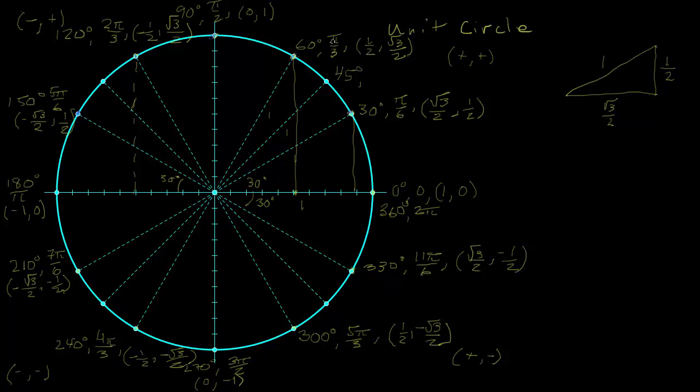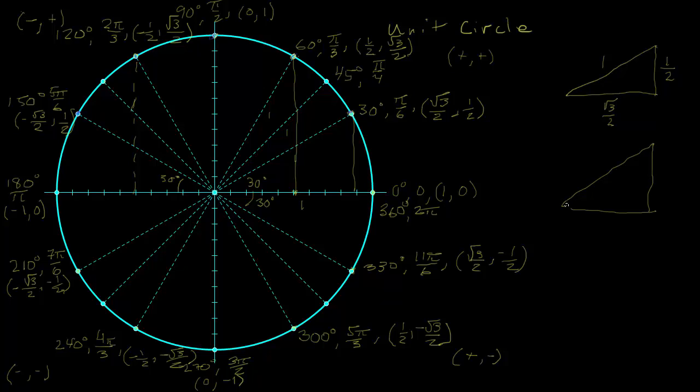In terms of pi, we've divided a half rotation into 4 equal sections. This is pi over 4. Now let's just think about this a little bit. This one's a little different.